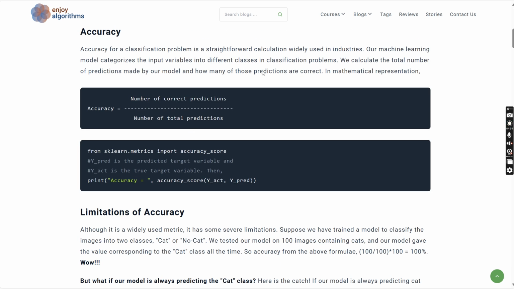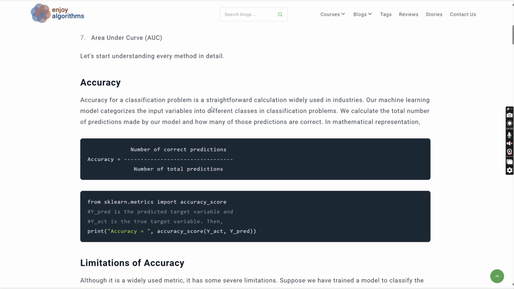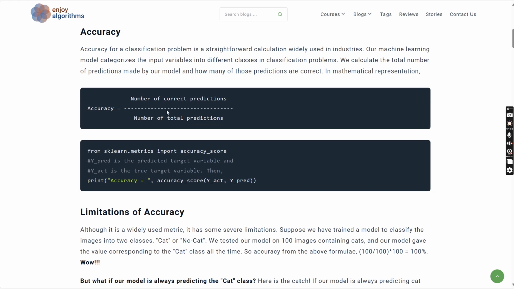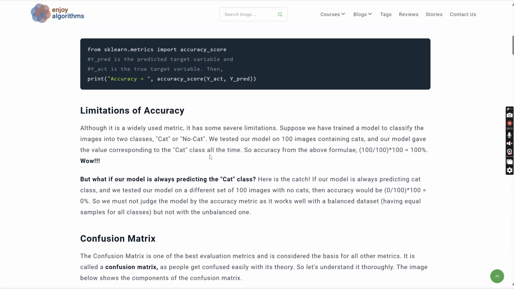So that is explained here very clearly. Let's just say you are doing a problem where you are supposed to calculate cat versus no cat, whether the image that was given to you has been identified by the model as a cat or not a cat. In that scenario, if the data was a 50-50% split, 50% cat, 50% non-cat, then the accuracy will make sense.